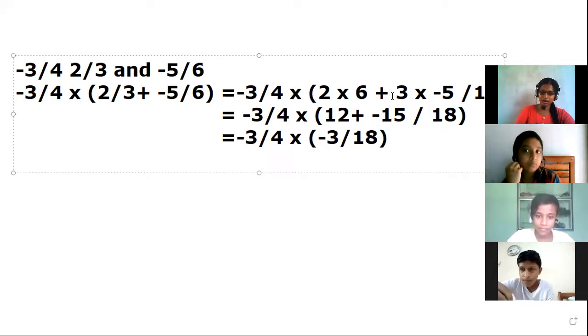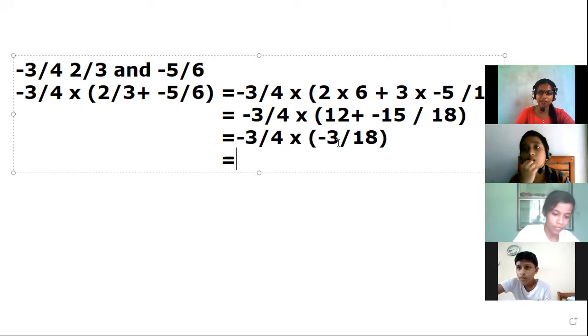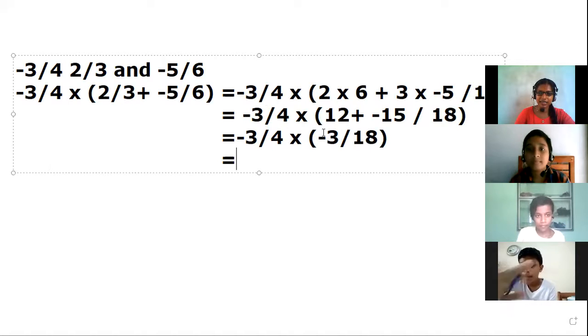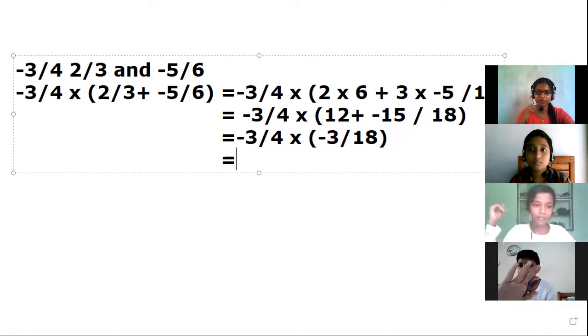Then after this, we have to find this product. For that, we have the numerators as minus 3 and minus 3. Then the product of numerators would be, what is the product of minus 3 and minus 3? What is it, Sean? Please unmute and say. Yes, miss.